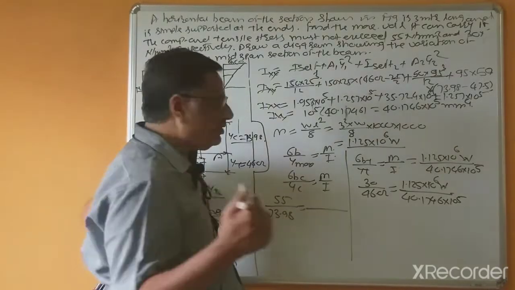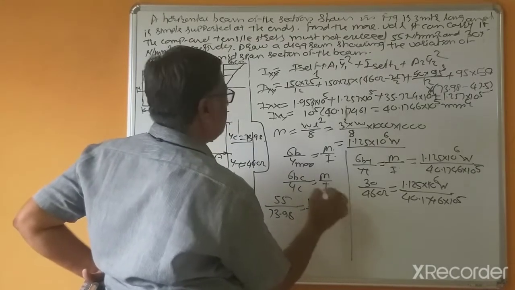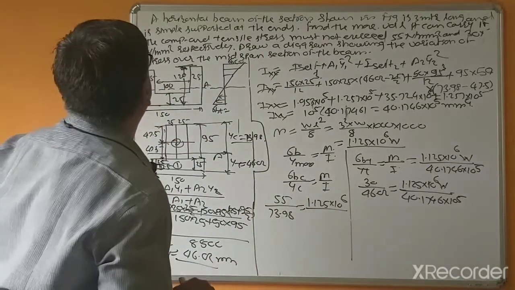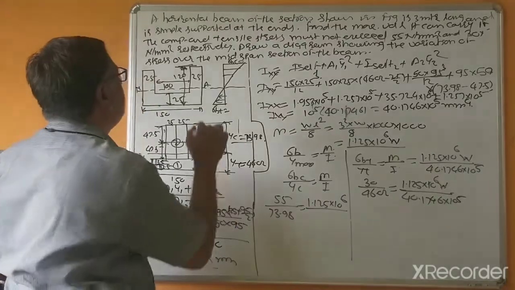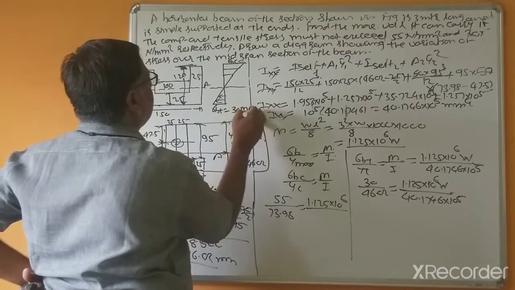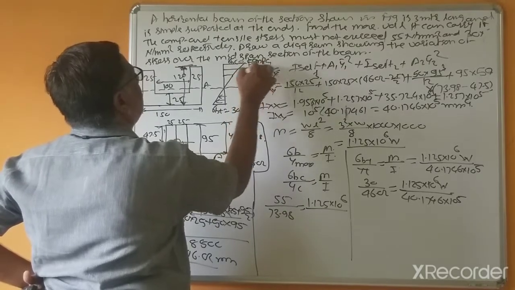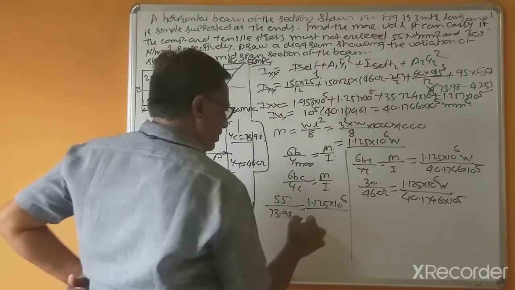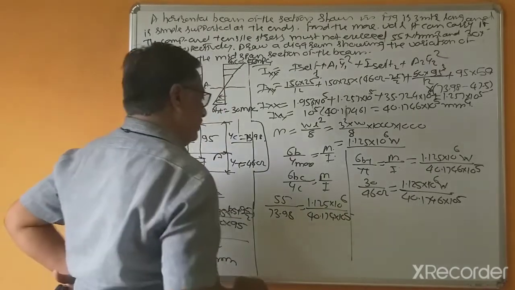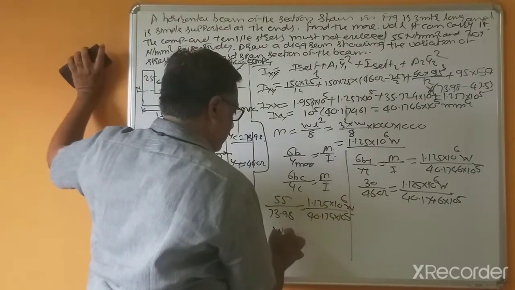So which is less, that value we can apply. This is sigma BT equal to 30 megapascal and this is 55 megapascal, already given.